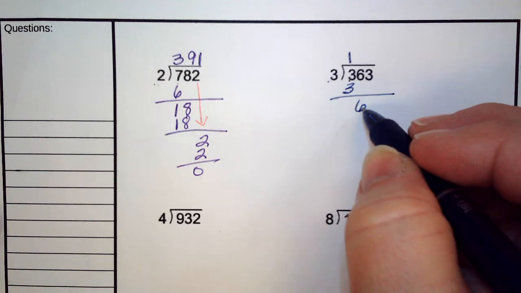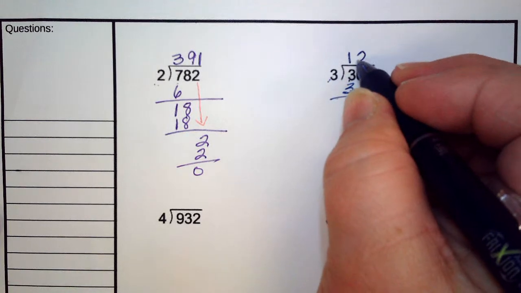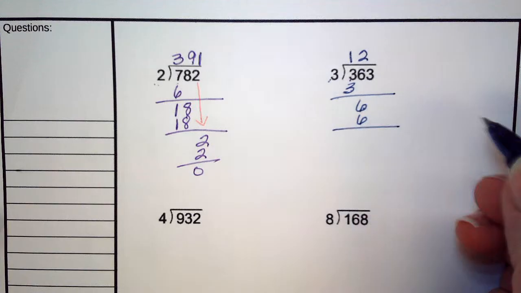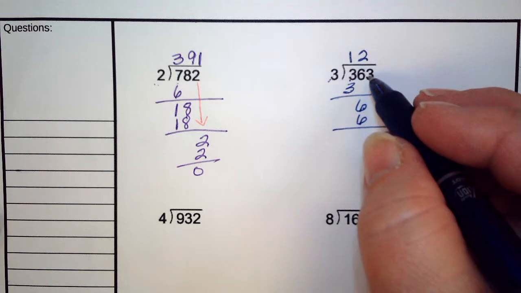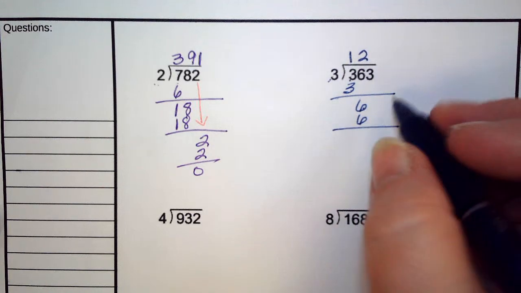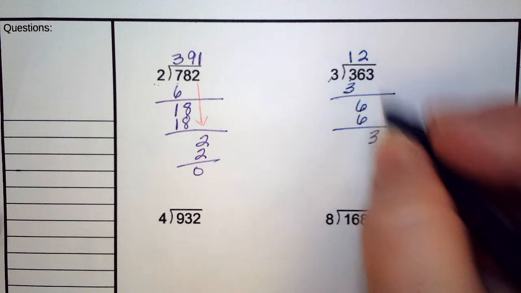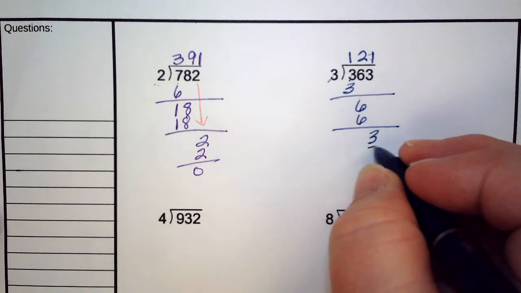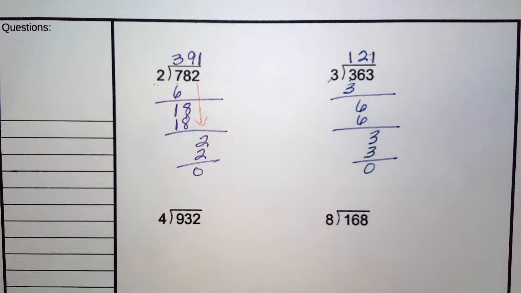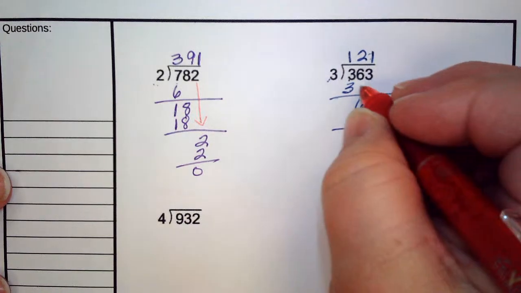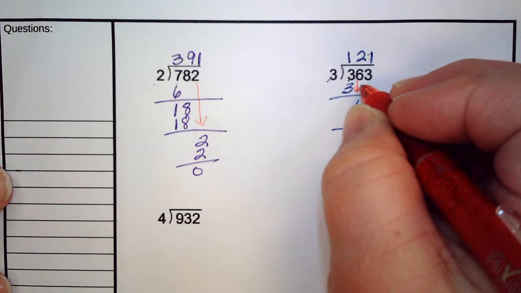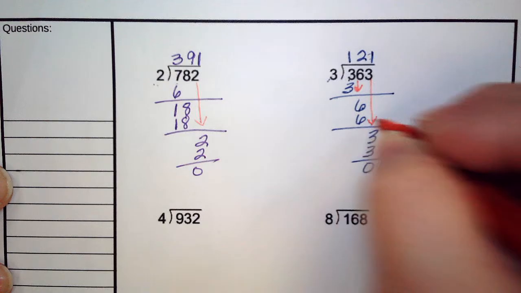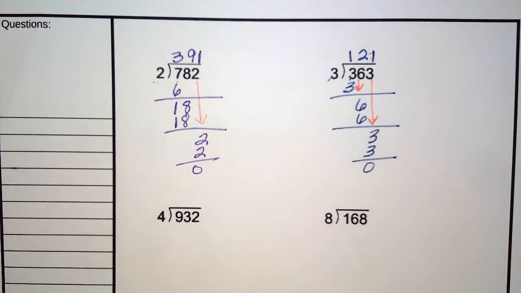Divide. 6 divided by 3 is 2. 2 times 3 is 6. Subtract. 0. Bring down. 3 divided by 3 is 1. 1 times 3 is 3, and I am done. So if you notice, we had to bring down the 6 here, do the computation, and then bring down the 3 before we were done.